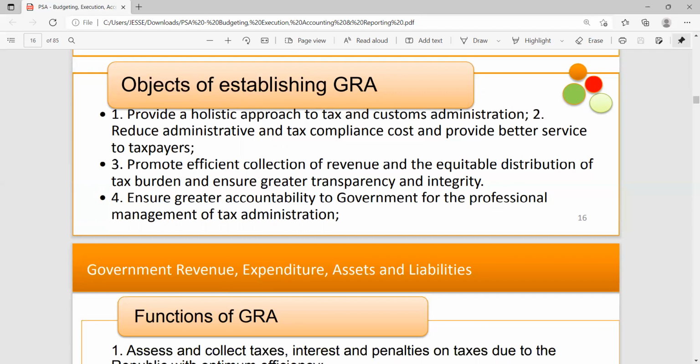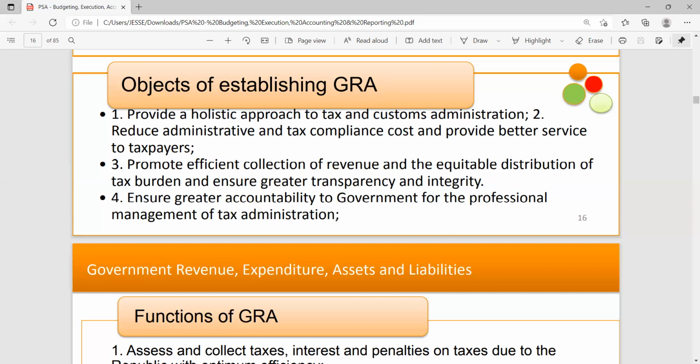Number three, promote efficient collection of revenue. So that's another objective of the GRA, to promote the efficient collection of revenue and the equitable distribution of the tax burden, right? So the tax burden must be distributed equitably in a fair manner. Number four is to ensure greater accountability to government for the professional management of tax administration, right?